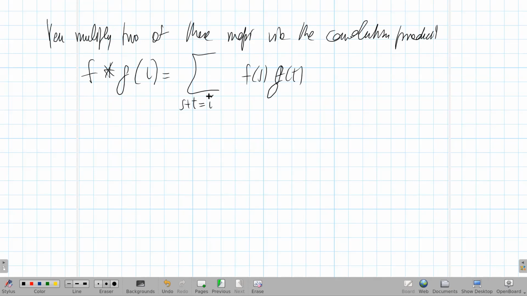And why is this convolution product, and you will have seen it also in probability, for instance, in analysis, why is this convolution product natural? Because this is how you multiply two polynomials.